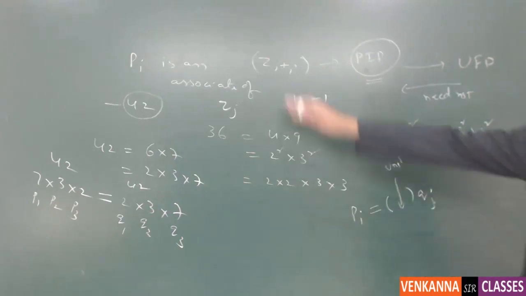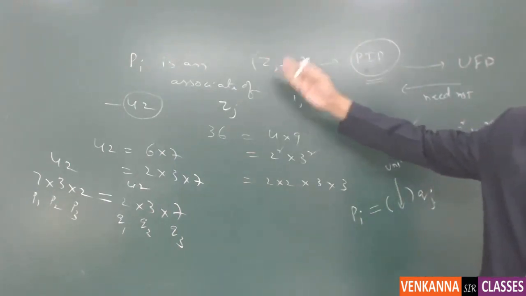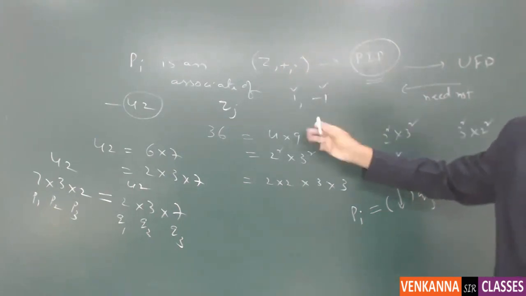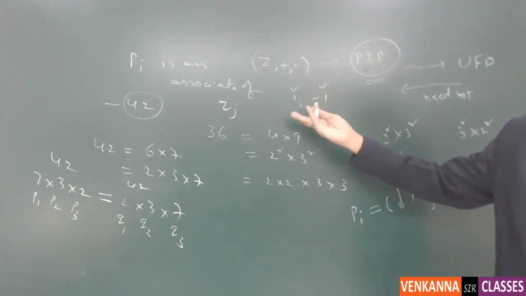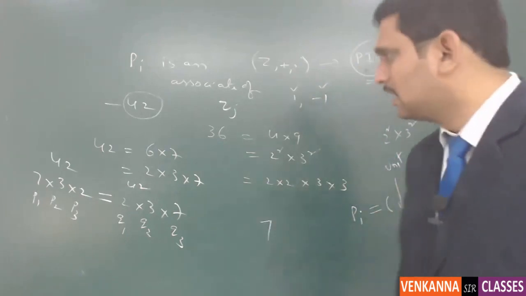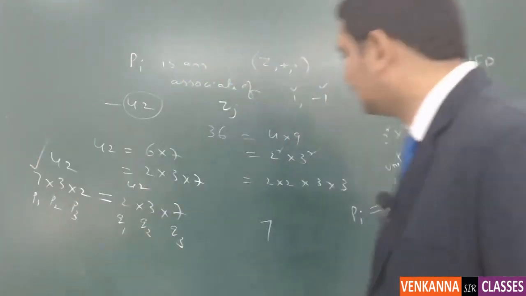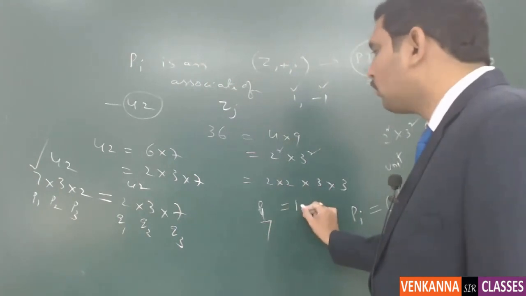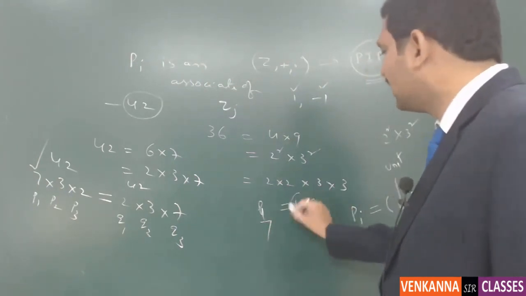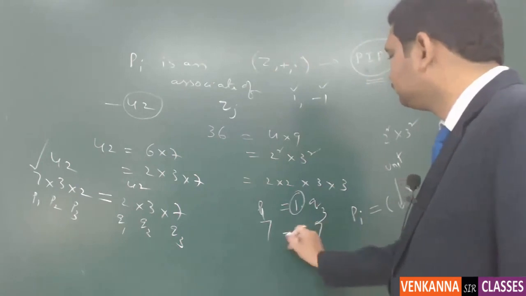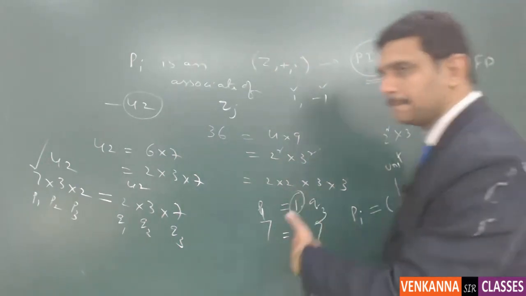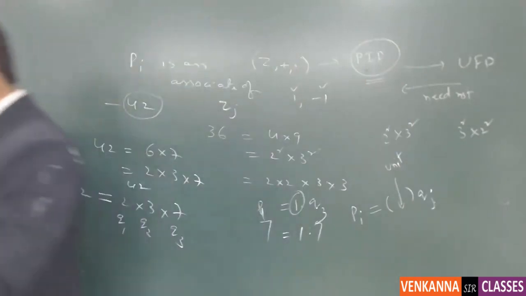If you consider Z plus, what are the units in Z plus? They are nothing but 1 and minus 1. There are no other units at all. So if you take 7 on the left hand side, the indication is P1. I will write P1 is equal to 1 into Q3, where 1 is a unit. 7 is equal to 1 into 7. Did you understand that? Is it fine now?